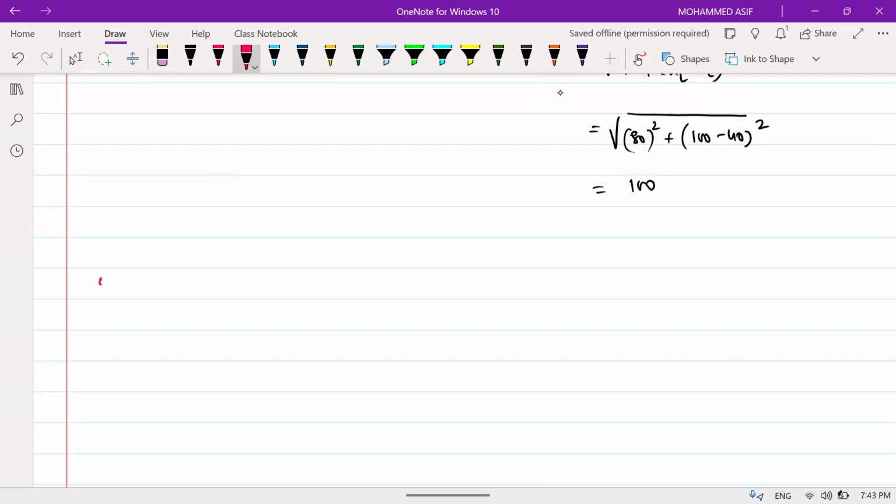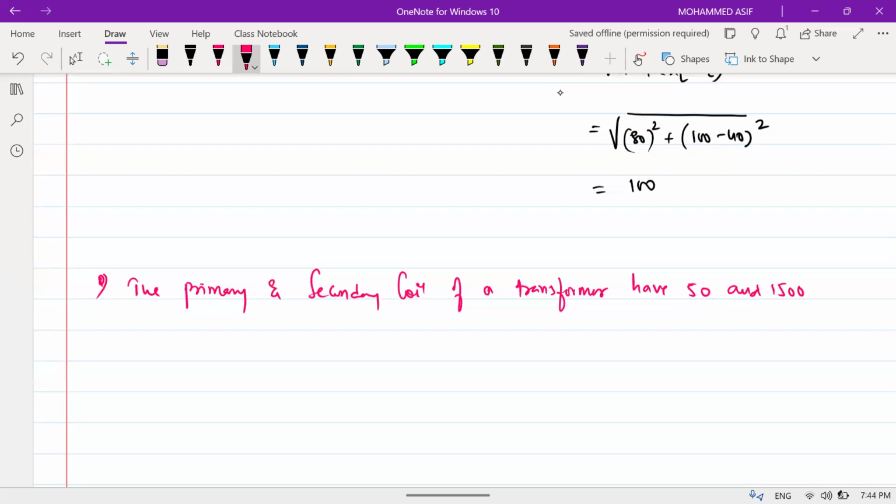Okay, this question. The primary and secondary coils of a transformer have 50 and 1500 turns respectively.